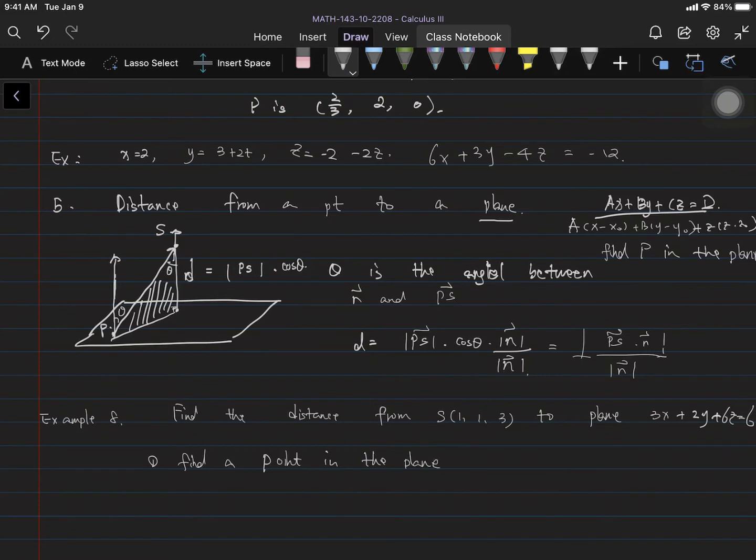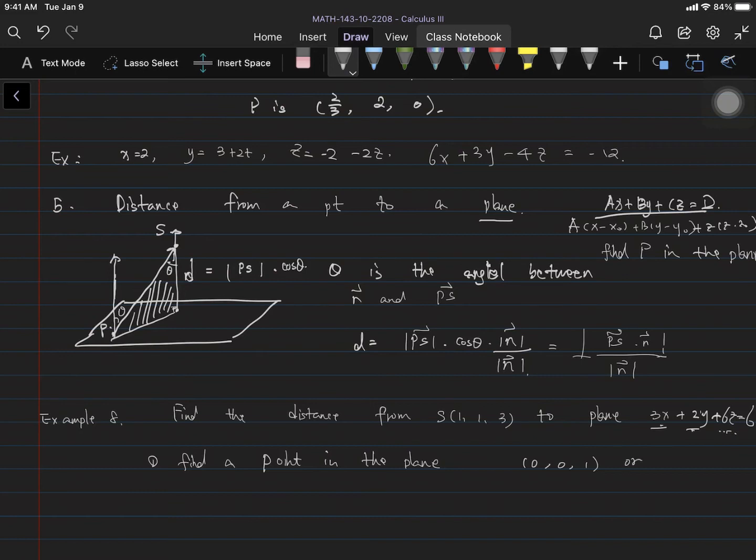We just want to find any x, y, z that satisfies this equation. The easiest way is to make x and y equal 0 and solve for z. For example, 0, 0, 1 satisfies the equation, because 6 times 1 is 6. So this point is on the plane.